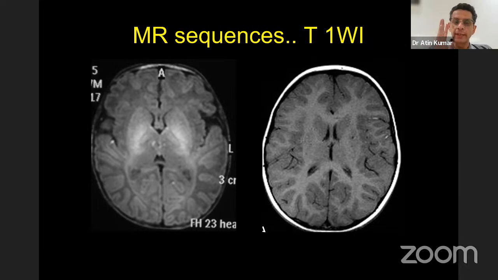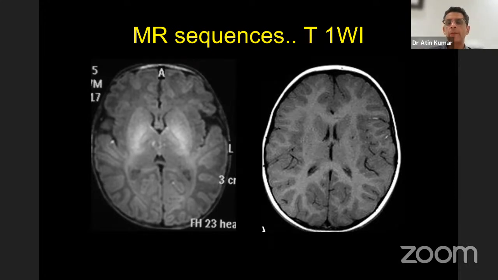Similarly, you can get dark signal from the fluid, from soft tissue, from bone, from fat, or you can get a bright signal from either of these structures based on what sequences you do. So the basic sequences which we use in any MR are the T1 weighted sequences or the T2 weighted sequences. Most of the sequences are either T1 weighted or T2 weighted. Let's see how you first identify a T1 weighted sequence.